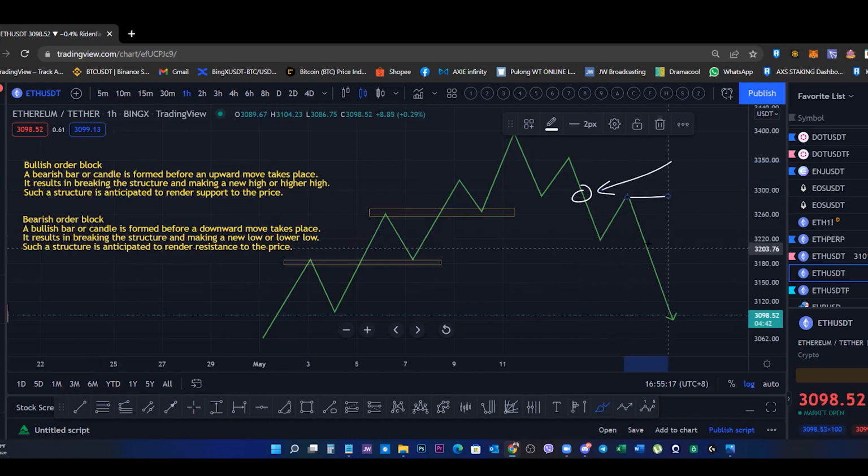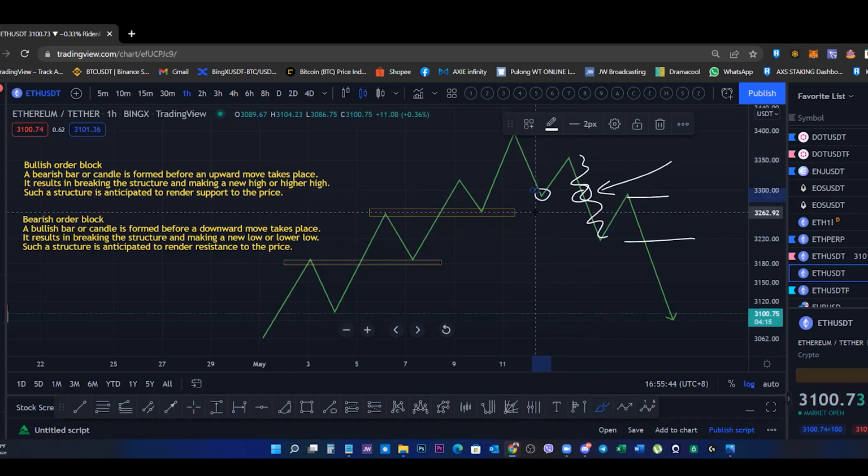Normally, this will be mostly red candles, and there will be a different green candle, totally the opposite of the trend, and that will be your possible order block. And of course, as you can see here, retail traders can use it as a support and resistance, okay?